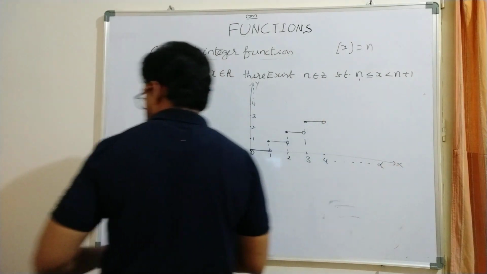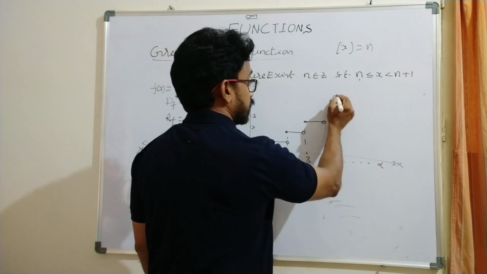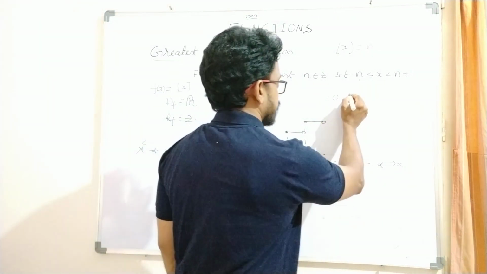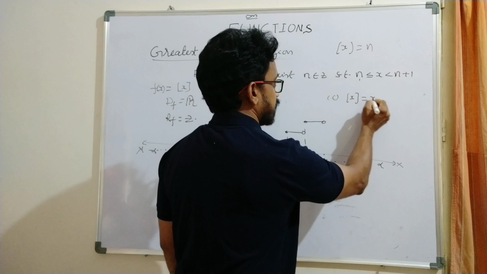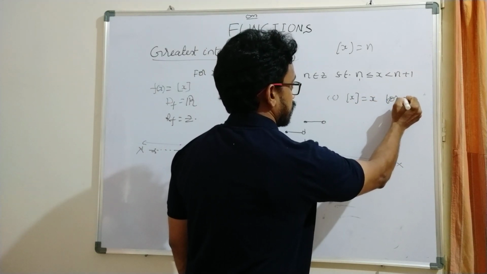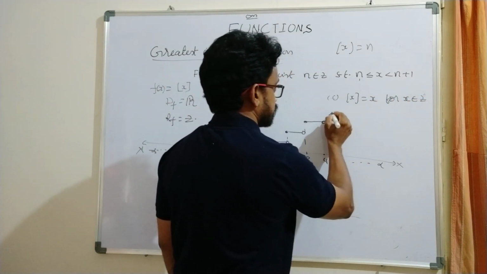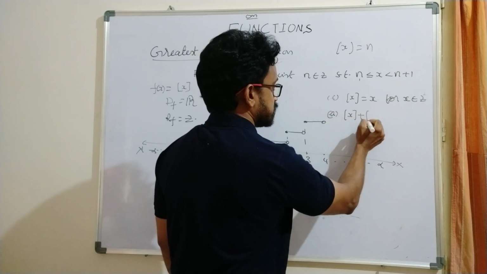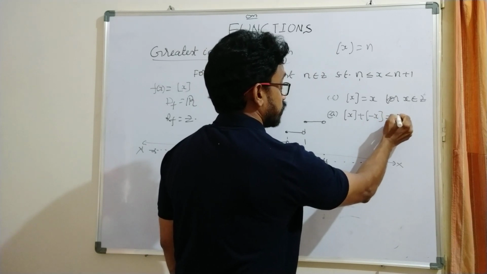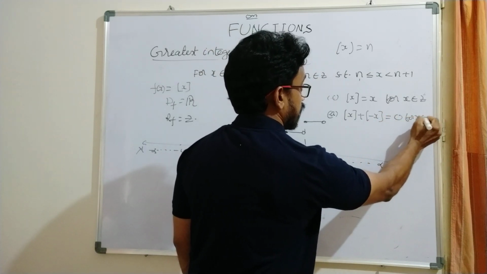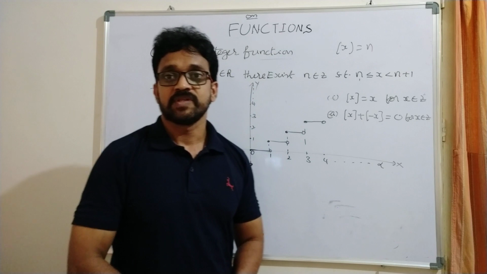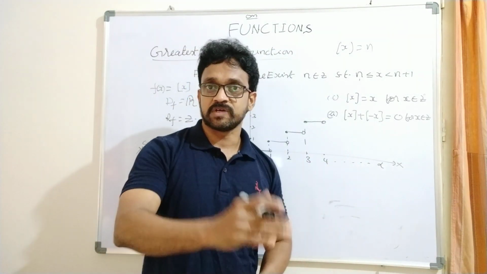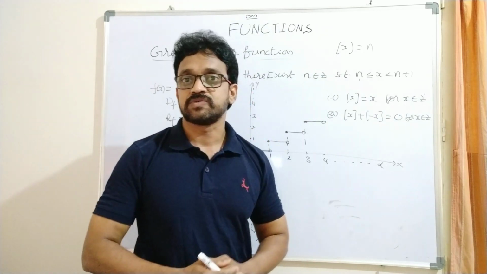Okay, now some important points we will discuss from the definition. Remember these for solving problems. First one is step x is equal to x for x belongs to Z, and step x plus step minus x is always 0 for x belongs to Z. For example, x is equal to 2, step 2 plus step minus 2: step 2 value 2, step minus 2 value minus 2, 2 minus 2 is 0.